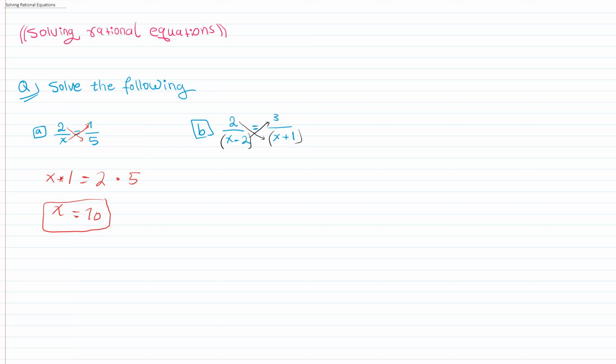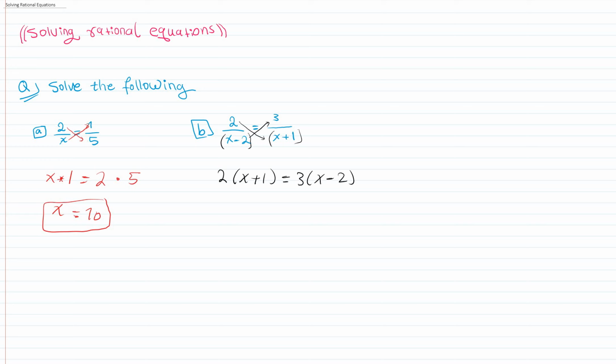Because you have two operations. When you multiply 2 by x plus 1, you need to multiply by both of them, not only x. That's why we put brackets, to not make any mistake. So we get 2 times x plus 1 will be 2 bracket x plus 1, and on the other side, x minus 2 times 3 is going to be 3 bracket x minus 2.